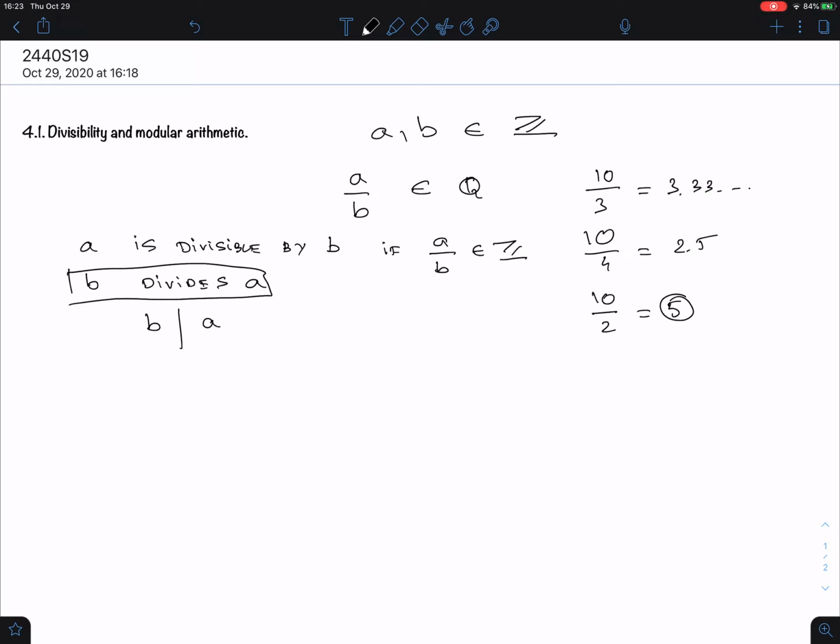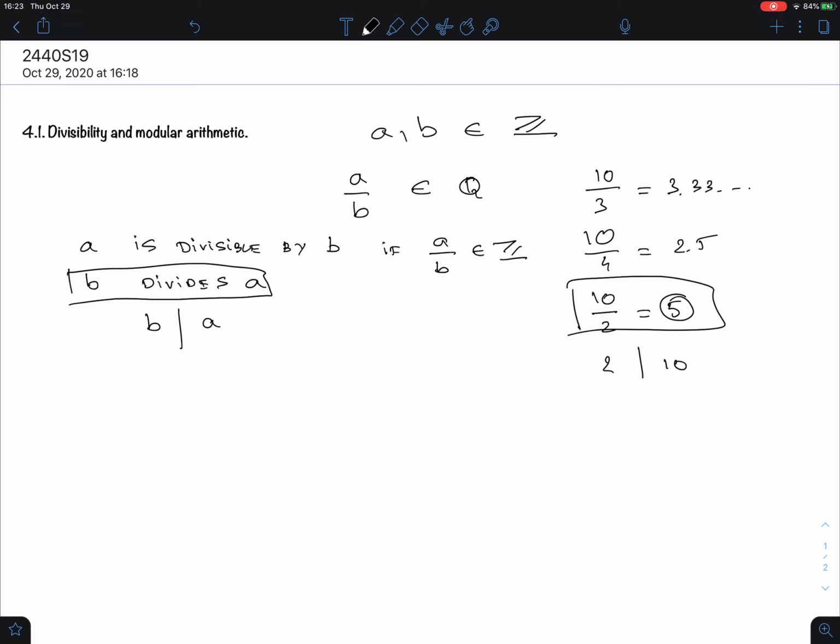It's a bit of a nuisance as a symbol because it's sometimes very illegible. It's kind of like a line. Okay, lines are used for so many things, right? But in this context, it means b divides a. So how would you formulate this? This says that 2 divides 10. Not 10 divides 2, but 2 divides 10. Okay?